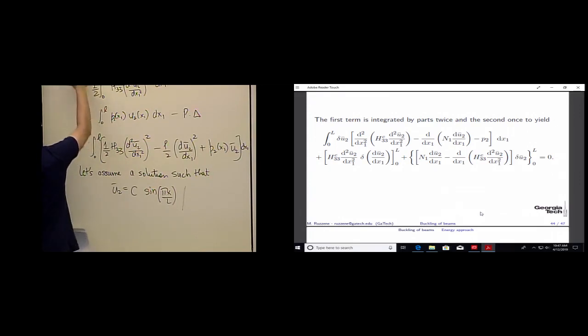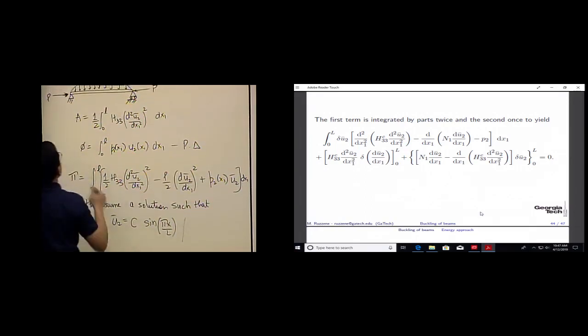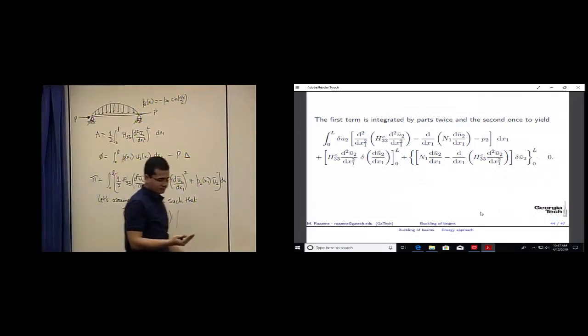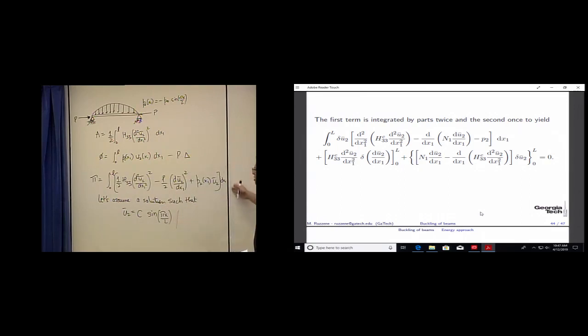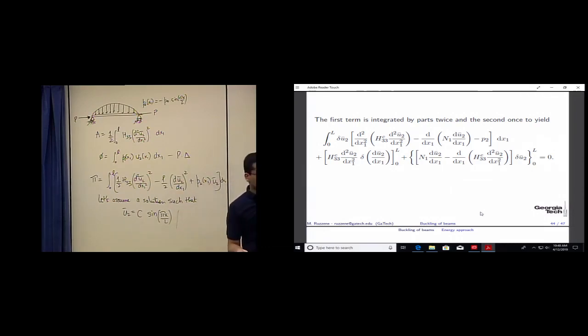My apologies, we are taking a simply supported beam in this equation. So we have a simply supported beam and we are applying a sine load on it. Okay, so the strain energy or the potential due to the externally applied loads doesn't change because that's the characteristic of the beam, and we are assuming a solution such that u2 is also a sine function, right?